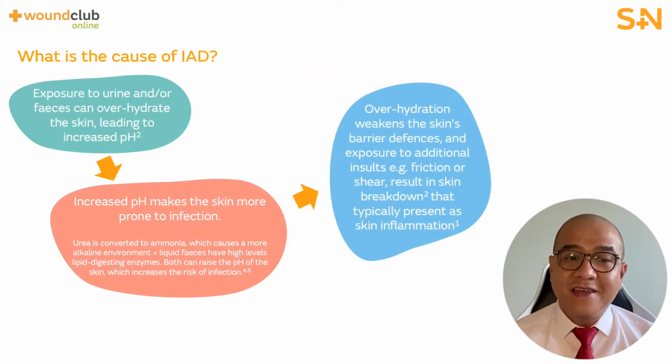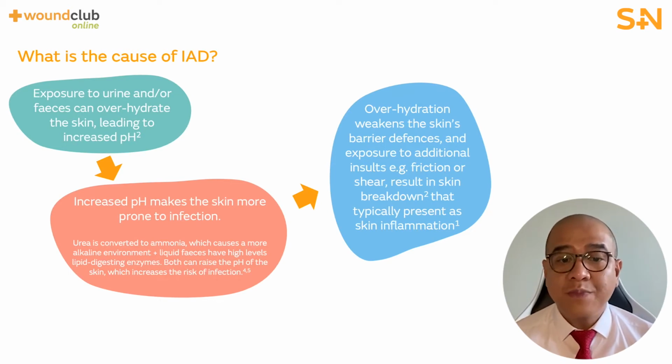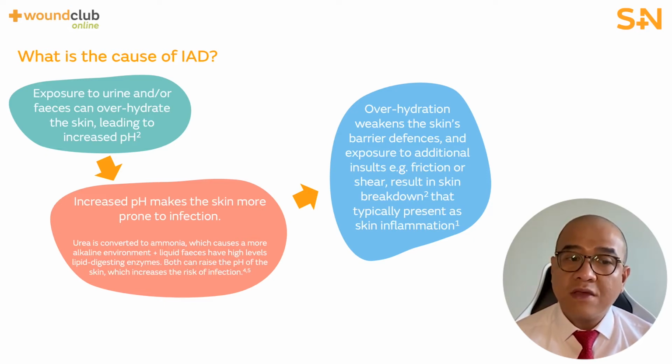As discussed earlier, IAD is caused by prolonged contact with the skin of urine or feces. Let me explain this in more detail. Now, when the skin is exposed to urine for a prolonged period, bacteria convert the urea found in urine into ammonia, which is an alkaline substance, which increases the skin pH, rendering the skin more vulnerable to colonization with bacteria and secondary infection.